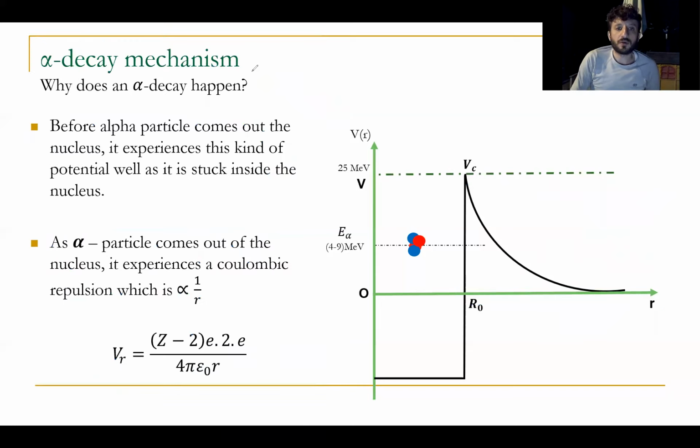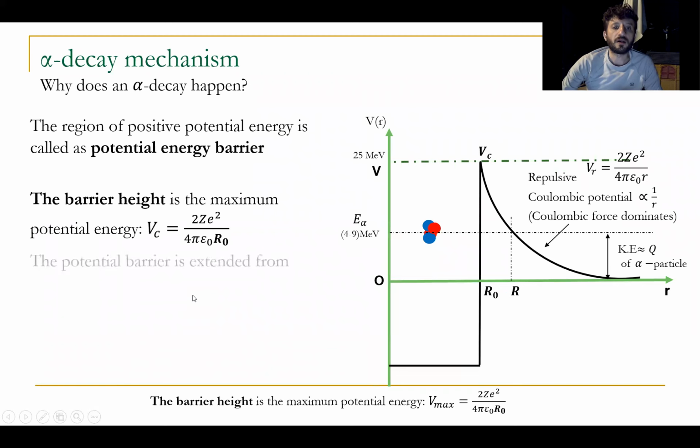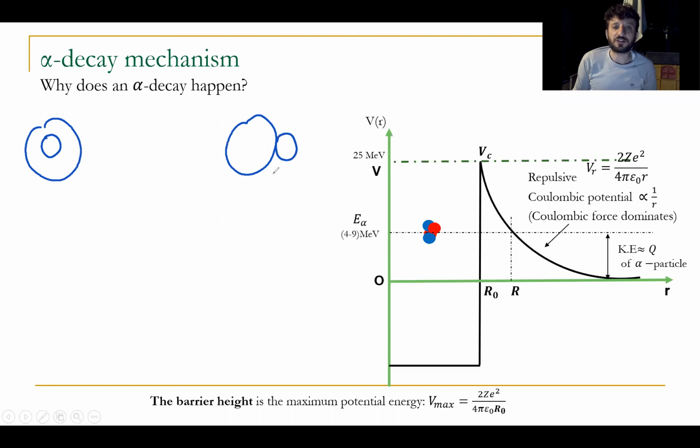Now we can go back. We talked about two regions. First, the alpha particle is inside, and second, the alpha particle is at the edge of the nucleus. Here we talk about minus V0, and here we have V maximal.